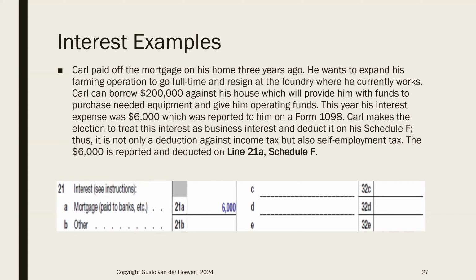The thing is at $28,000, almost a standard deduction for a married couple, that may not be a good decision, but because he did it this way, he got a favorable interest rate, and he got a $6,000 deduction by making the election to do this as business income. And then it's not only a deduction against income tax, but it's also a deduction against self-employment tax. So this has been a strategy that's been used by some folks that have been bootstrapping some of their farming operations.